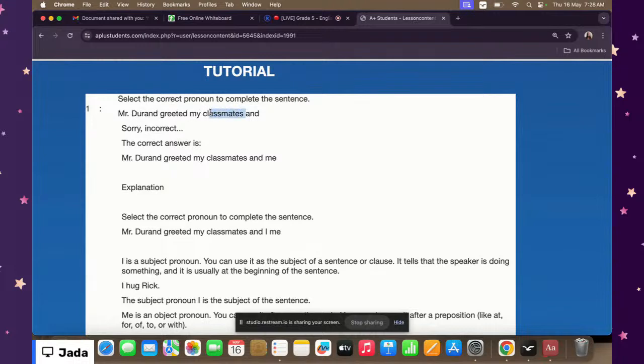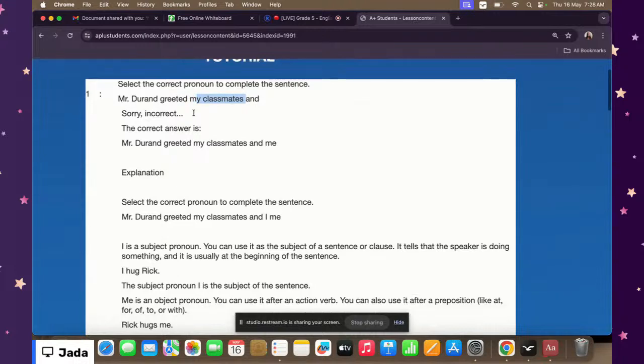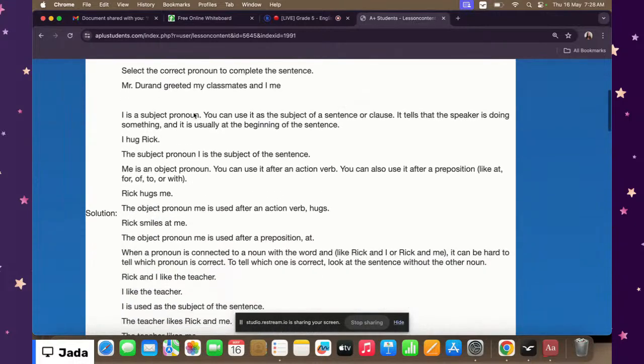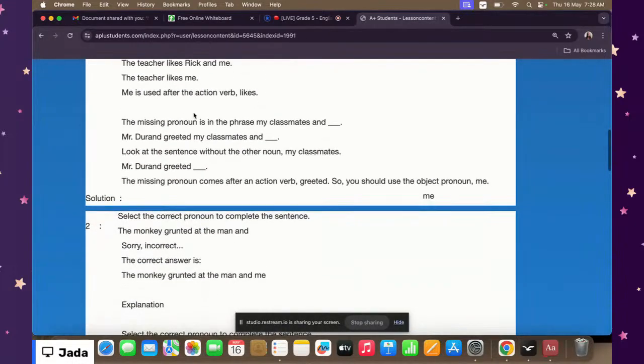If you take away classmates, you see if it's right: "Mr. Duran greeted me," or "he greeted I." So what will be the right pronoun there? It will be "Mr. Duran greeted me," because if you take away classmates, you see that it's either I or me. If you put I there, it's incorrect. But if you put me, then it's perfect.